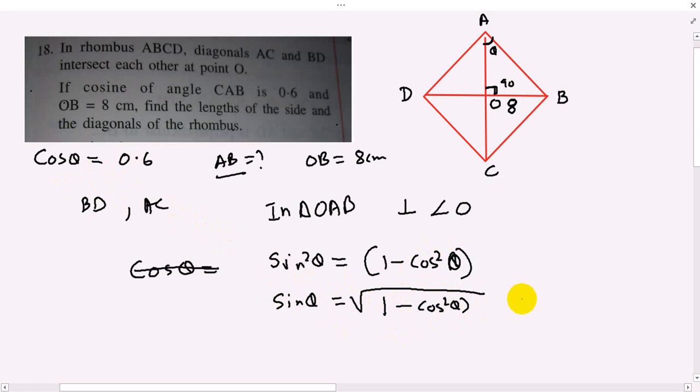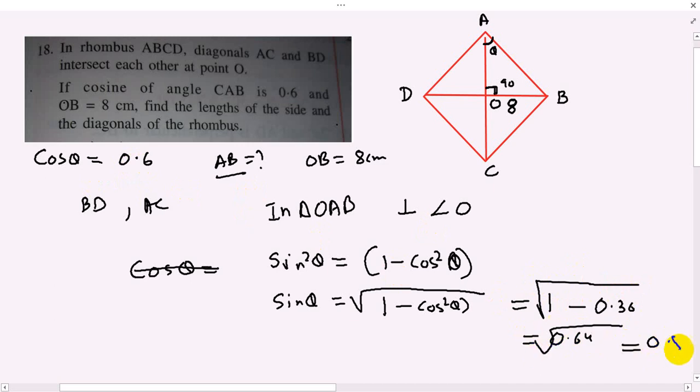By putting the value, 1 minus 0.36, we get 0.64. Its square root is 0.8. So sin theta is equal to 0.8 and cos theta is equal to 0.6.